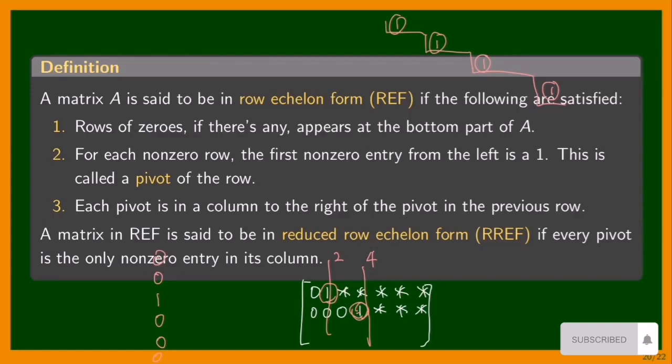Pero posibleng, for example, can you transform this matrix to an REF, a matrix in REF? Let's say I ask 2 students to do that. Now, these two students can give me 2 different matrices in REF, no? And they are both correct.